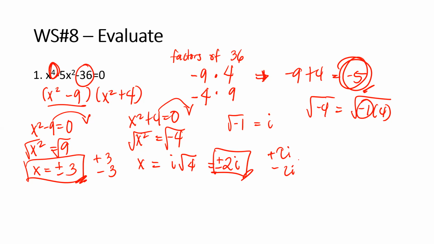Okay. Next. Here. x to the 4 minus 81. Ano gagawin natin dito? So pwede tayong mag-factor out. Okay? Correct? Tama ba?